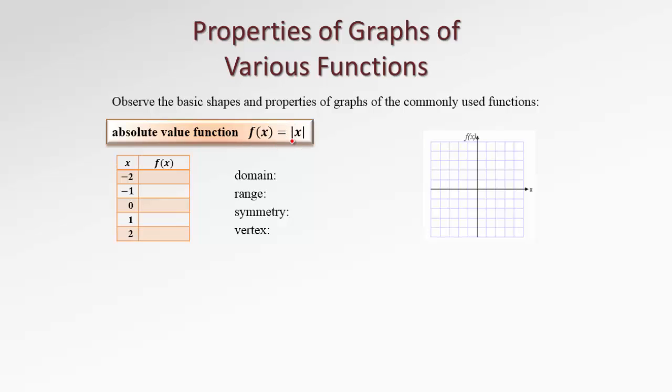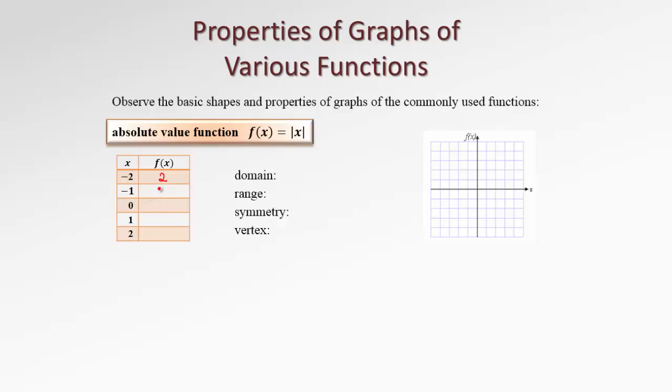Some of you may already know the shape of absolute value function, but if you don't quite remember it, we can use a table of values and develop a few points to plot. If the input is -2, remember absolute value leaves the answer positive, so the output will be 2.